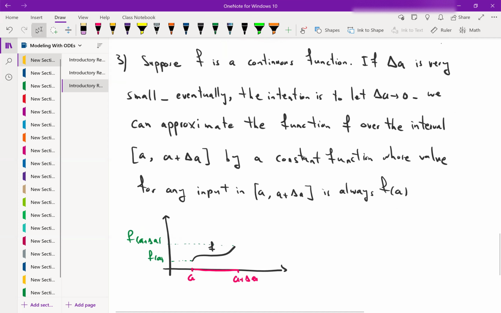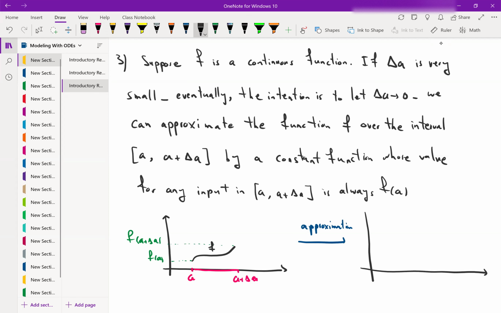What I'm telling you here is that if this interval is small, since ultimately you're going to take the limit as delta A goes to 0, you can approximate the function f with a constant function over this interval.